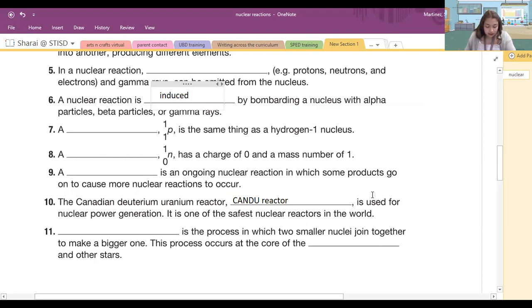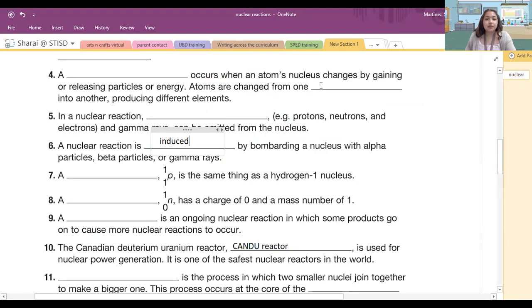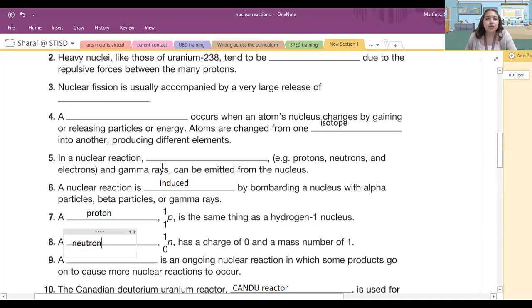And then we also said isotope, right? So that one's part of number 4. Atoms are changed from one isotope to another. Isotope. There's also 2 tricky ones here. Number 7, that would be proton. Number 8 would be neutron. Neutron. And you should be able to do the rest on your own.